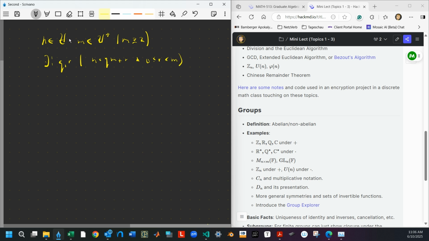That was the Euclidean algorithm, whatever it's called. And this R here we're calling n mod m, so that's the remainder.